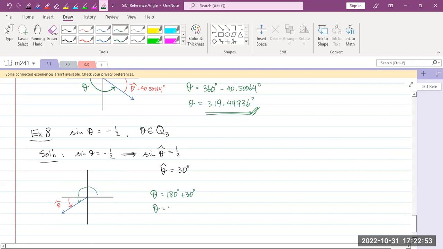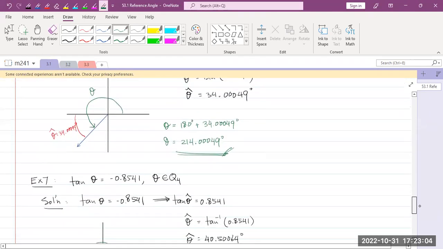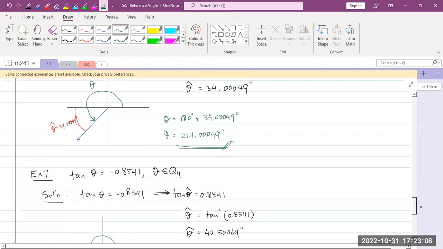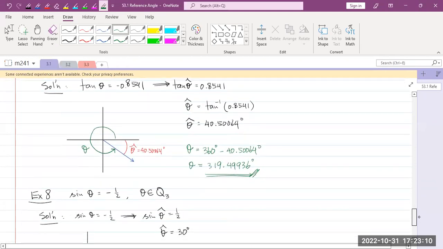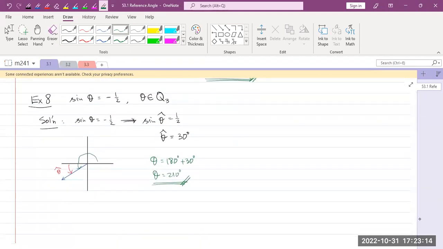So theta equals to 210. Now these examples 6, 7, 8, we talk about primary trig functions, sine, tangent, sine again. In example 8, we have exact special value, right?